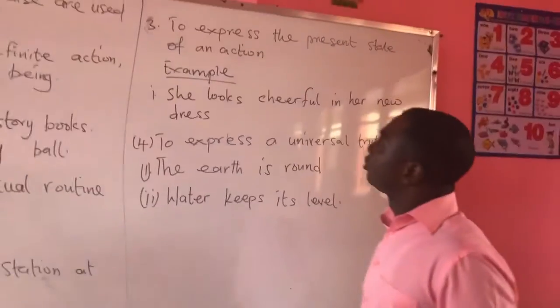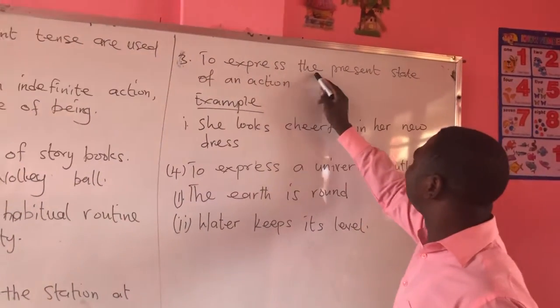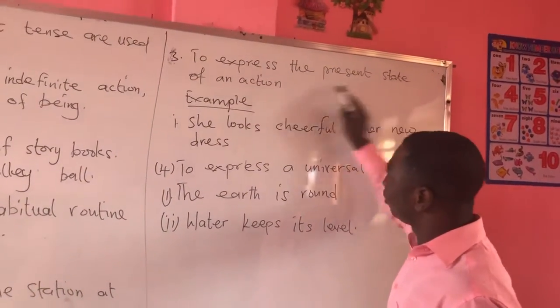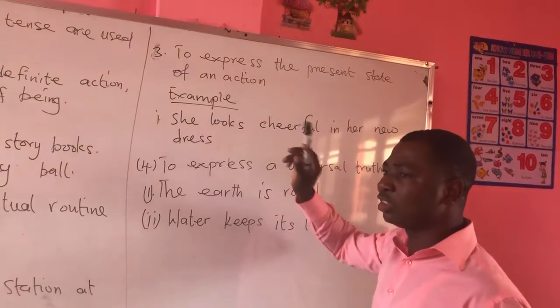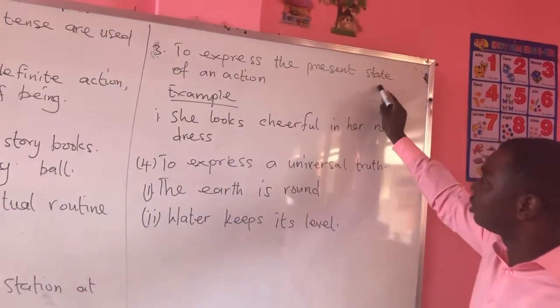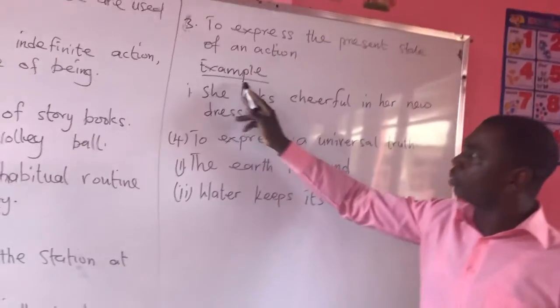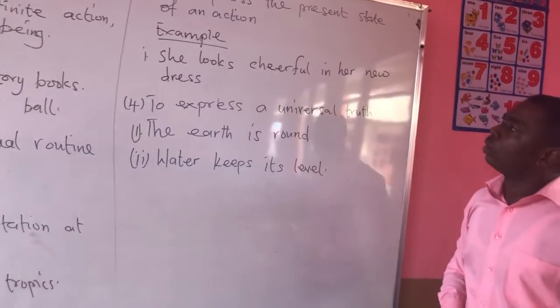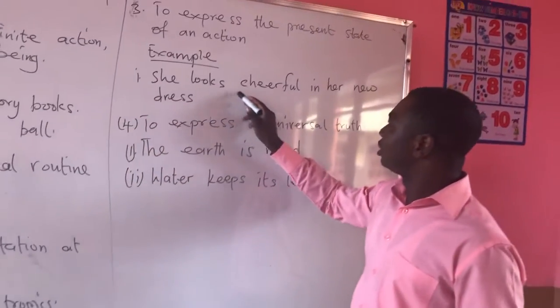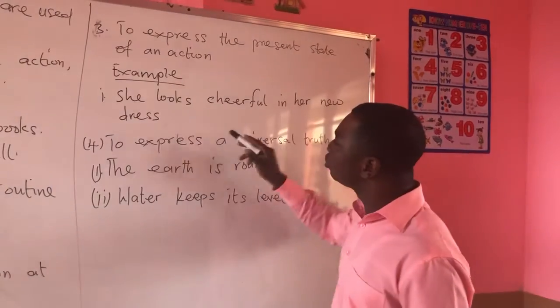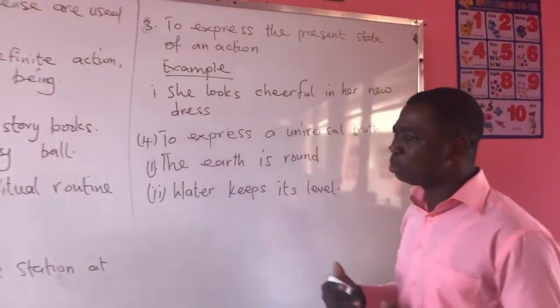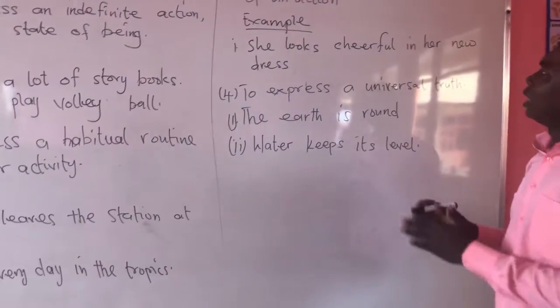Number 3, to express the present state of an action. Example: She looks cheerful in her new dress. So we are expressing the present state of an action.